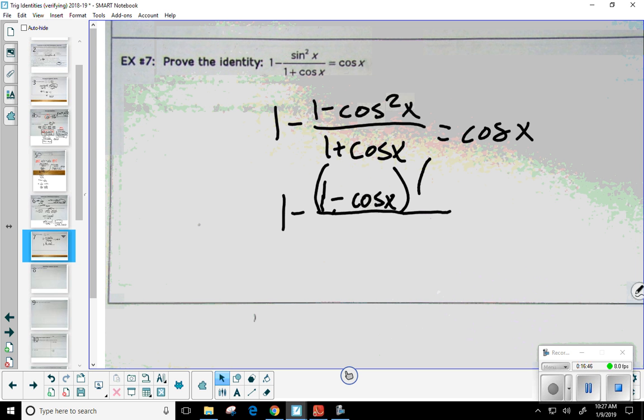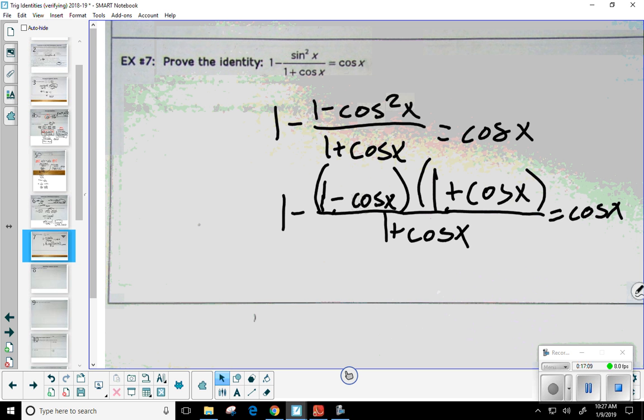And now another parentheses, and then 1 plus. There you go. Because if I multiply conjugates, I get a difference of squares. We factored a difference of squares, and now we have conjugates. And that's all over 1 plus cosine of x.